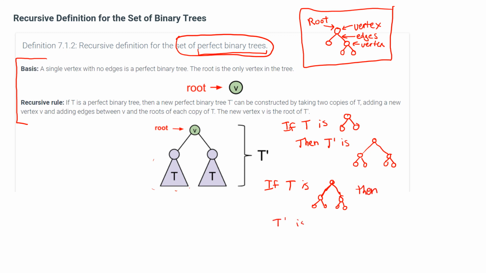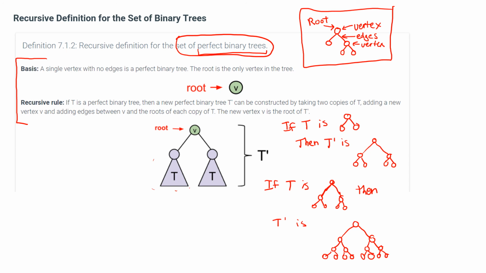T prime is, we have that tree, and we make a copy, and then we put a vertex and join them together. So that would be T prime. Okay, so anything in this set is going to be perfectly symmetrical like that.